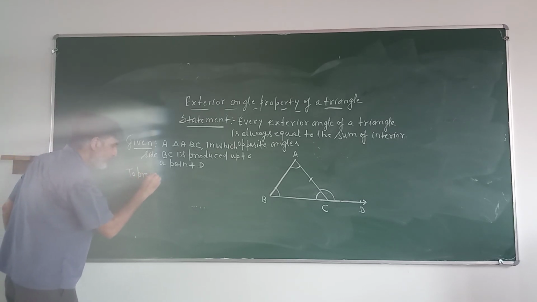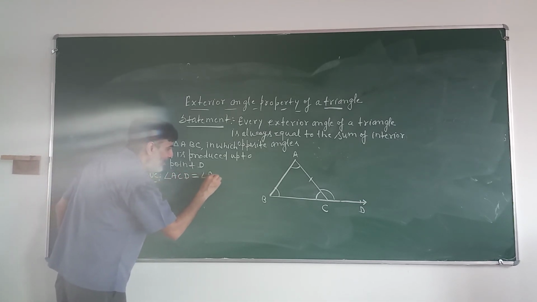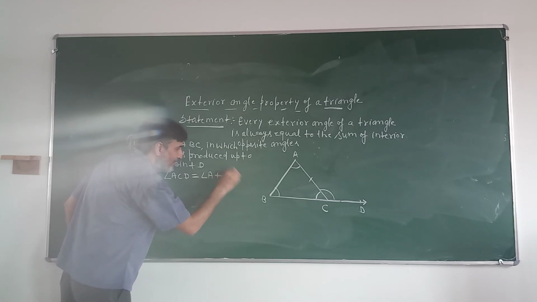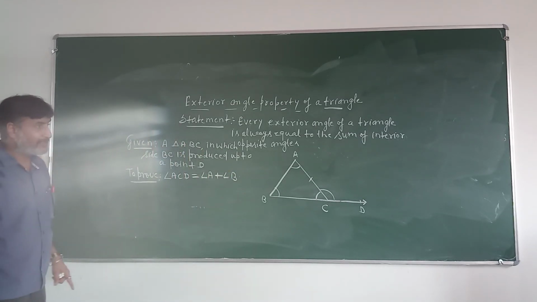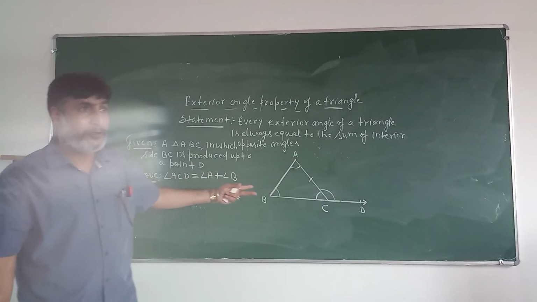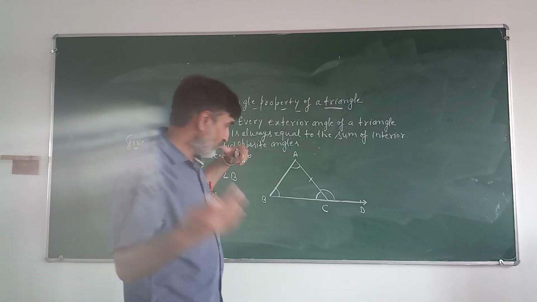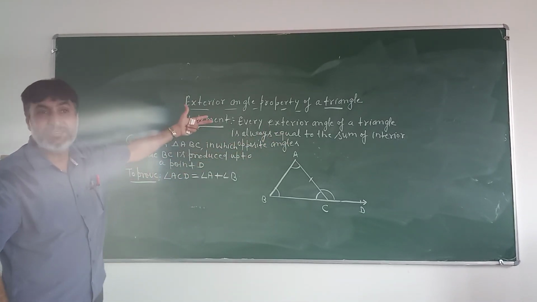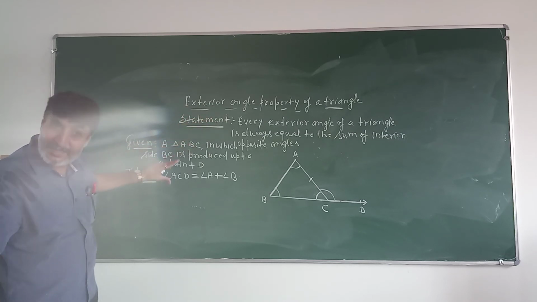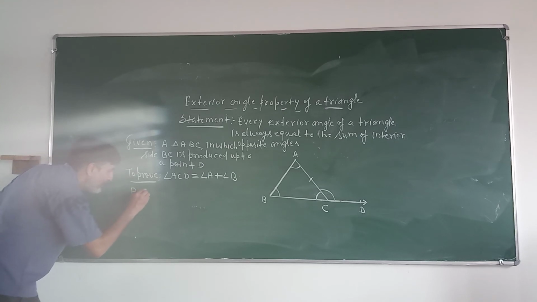What we want to prove here? That angle ACD is equals to angle A plus angle B. Third step, construction. Here we don't require any additional construction for proving this. So we leave this third step of construction and we come to our fourth step, proof.